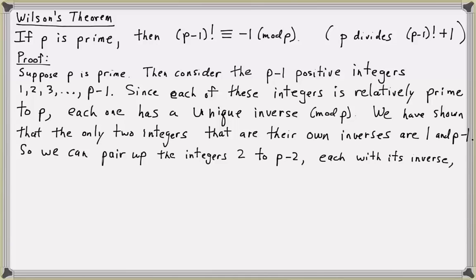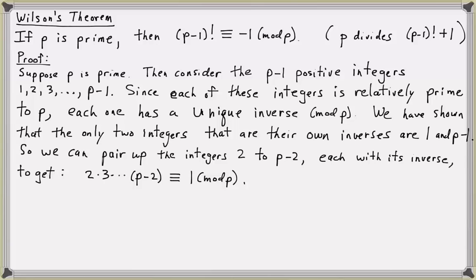And when we multiply them together, we get that 2 times 3 times 4 all the way up to p minus 2, we multiply all these integers together, that should be congruent to 1 mod p. Because when I pair them up, each number with its inverse, we'll just get a product of 1 a bunch of times.